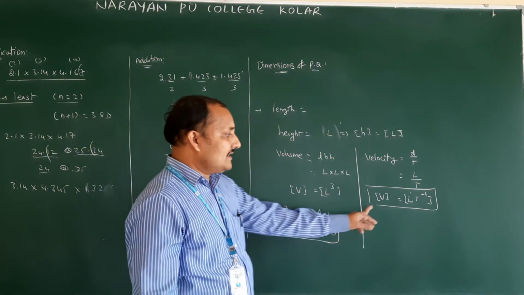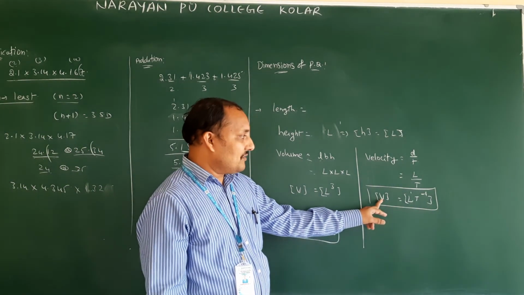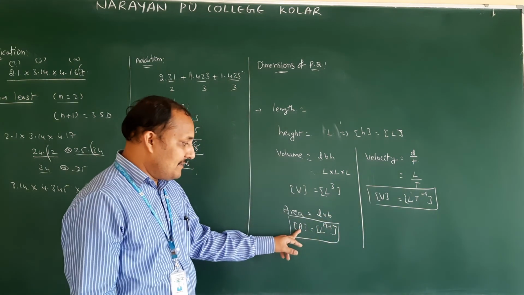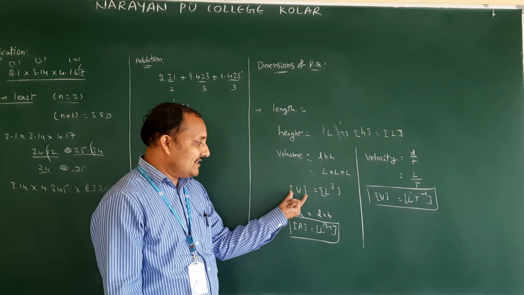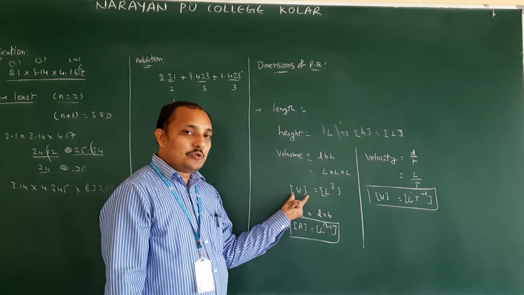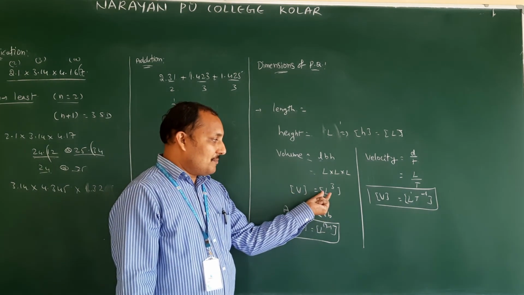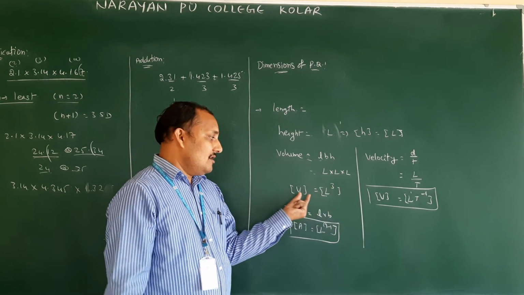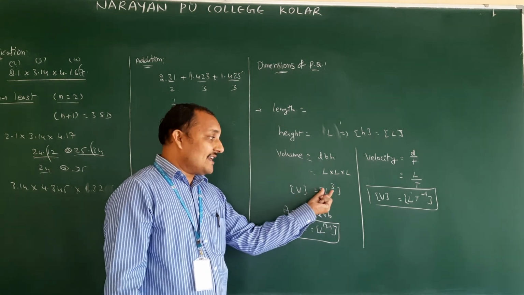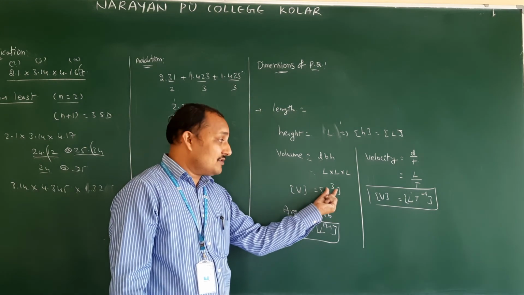So now this is called dimensional formula for velocity. This is dimensional formula for area. This is dimensional formula for volume. By representing, we have to take closed brackets. So up to what powers we raise, these powers we are calling dimensions.